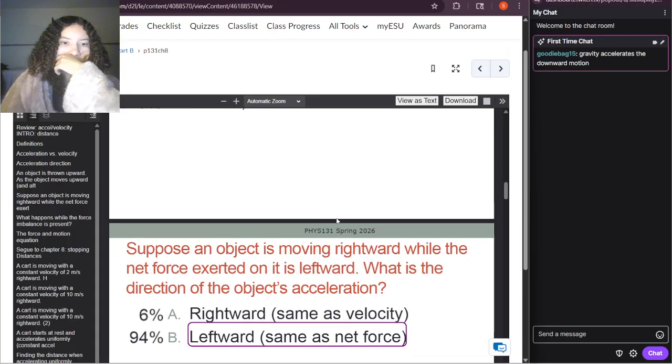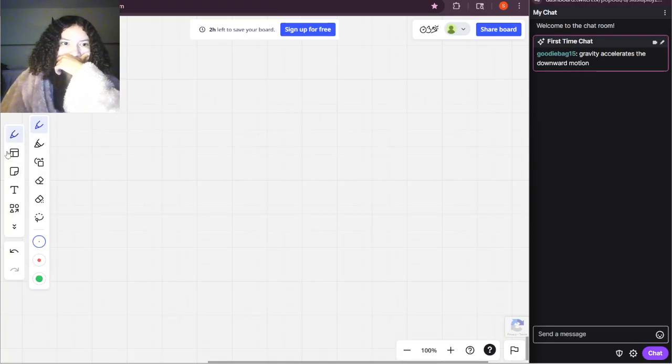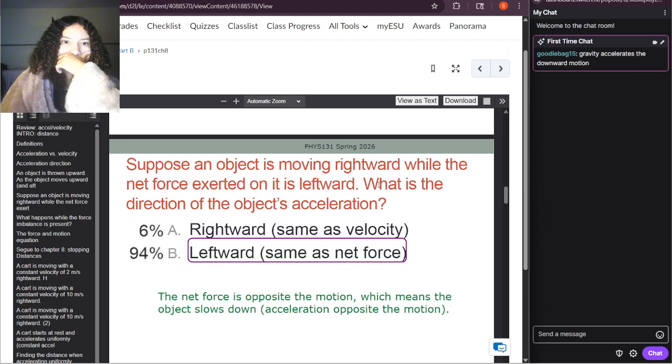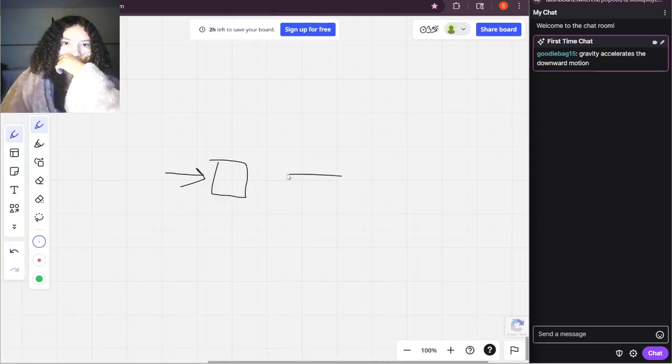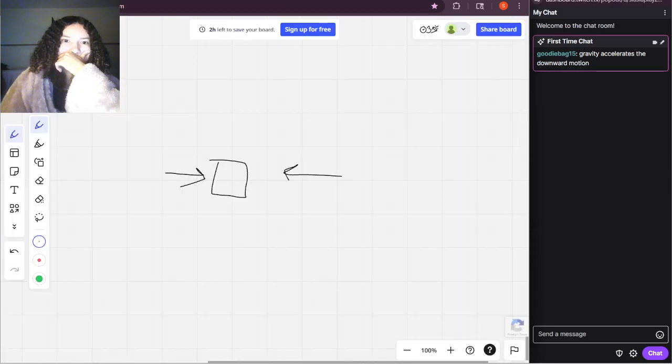All right. Next one. Suppose an object is moving rightward. Let me just make my little square. Moving rightward, and the net force exerted on it is leftward. What is the direction of the object's acceleration?